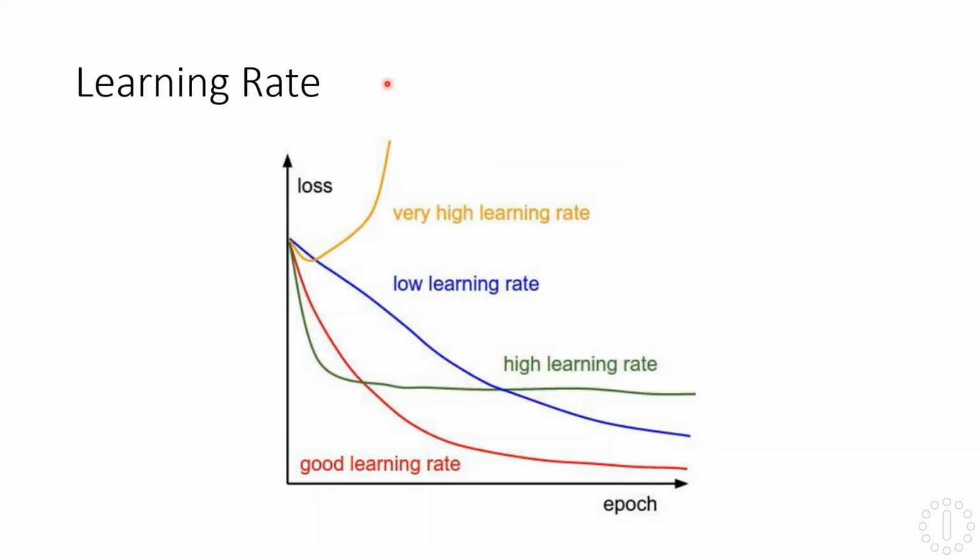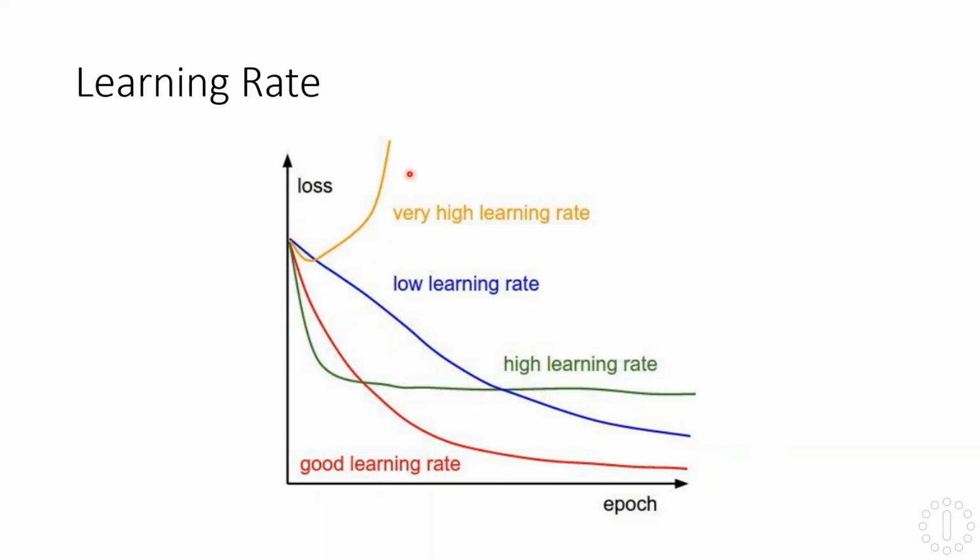The updating of weights during this training process depends on the learning rate, which determines how fast the neural network learns new information, or how aggressively we want to change the weights during the training. In this graph we can see how the loss function behaves, so how the discrepancy between the expected results and the actual results behaves depending on the learning rate.